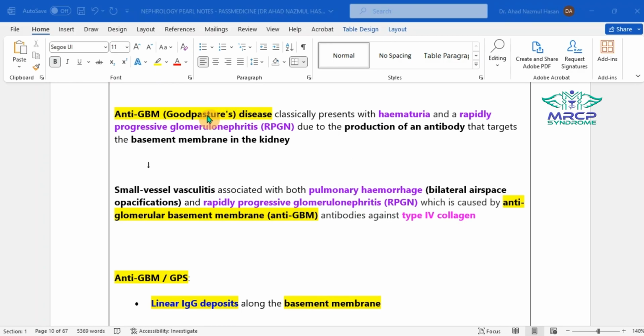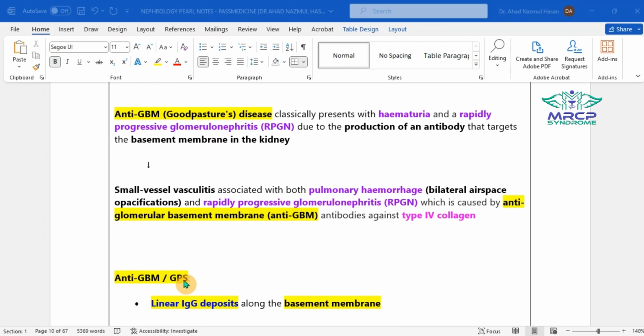Anti-GBM disease or Goodpasture syndrome classically presents with hematuria and a rapidly progressive glomerulonephritis, RPGN, due to the production of an antibody that targets the basement membrane in the kidney. Anti-GBM disease is a small vessel vasculitis associated with both pulmonary hemorrhage, radiology showing bilateral airspace opacifications, and RPGN, which is caused by anti-GBM antibodies against type 4 collagen alpha 5.